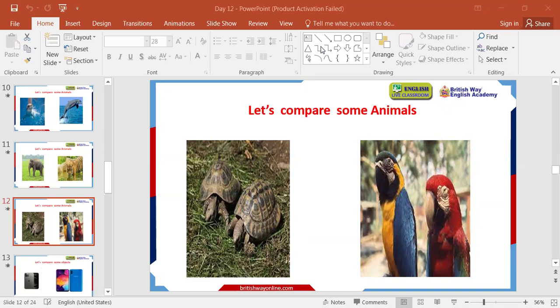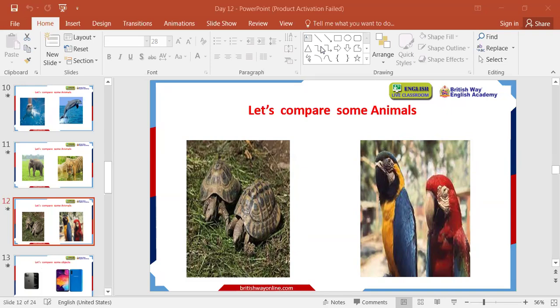Macaws are more colorful than tortoises. Macaws are faster than tortoises. Macaws are smaller than tortoises. Macaws are more attractive than tortoises. Tortoises are slow.